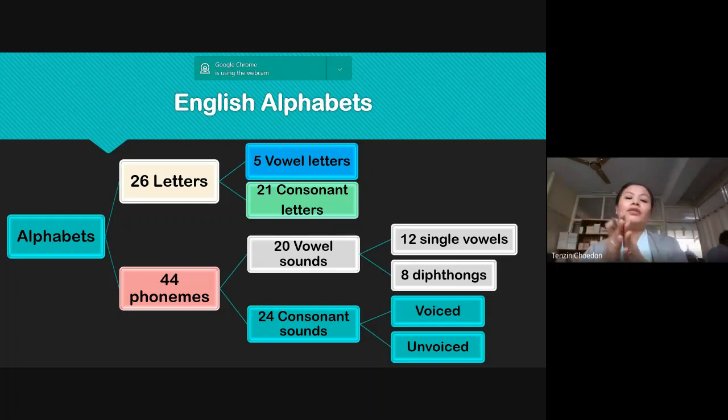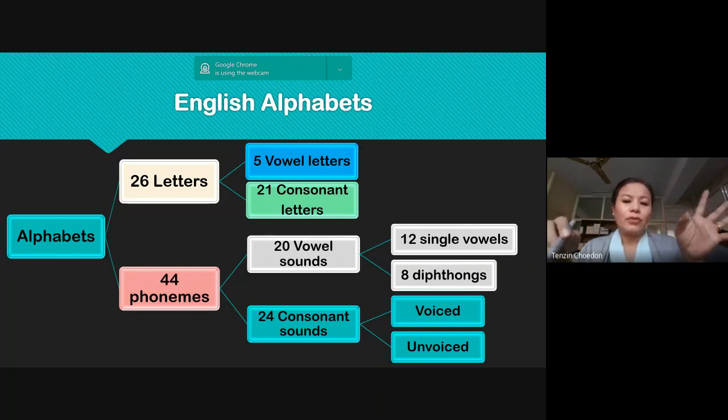Identifying letters and sounds becomes very important, and that is why when you introduce the 26 letters of the alphabet and the sounds, it's crucial that children are made aware of this fact as well.